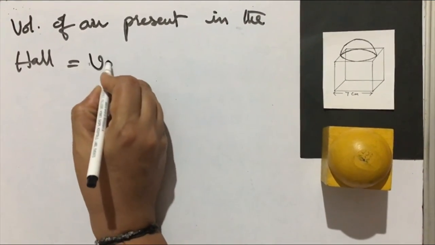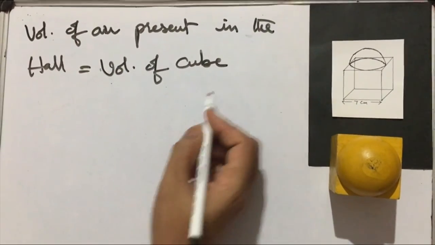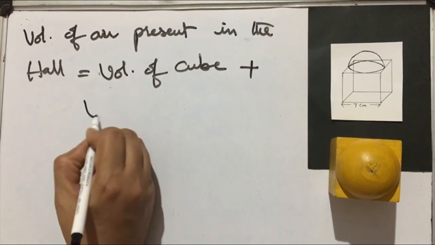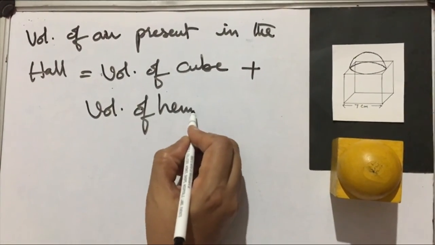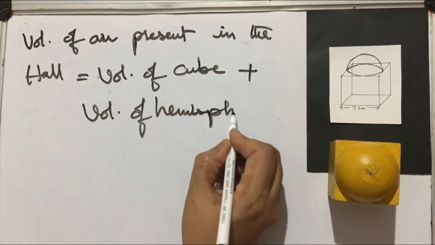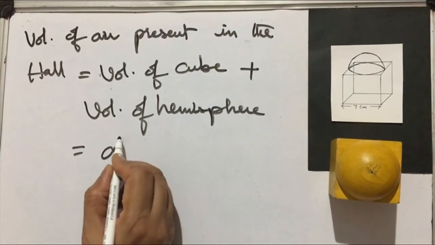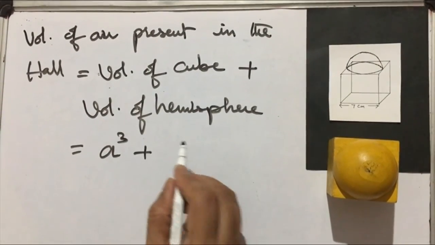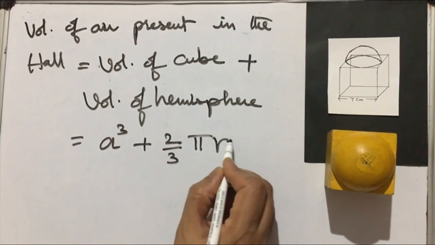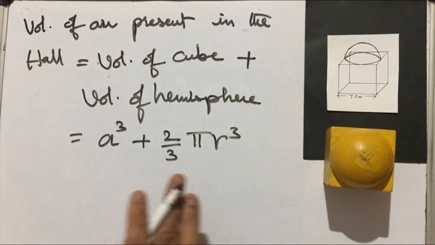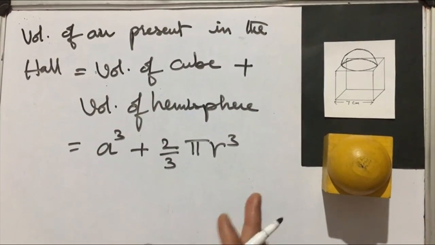So you write here volume of cube plus volume of hemisphere. Volume of cube is nothing but a cube, plus volume of hemisphere is 2 by 3 pi r cube. After finding these volumes, if you add them, then you are going to get the volume of air present inside the hull.